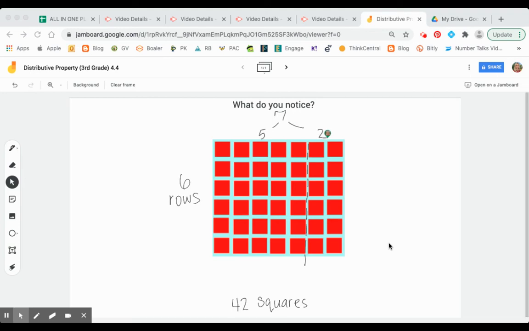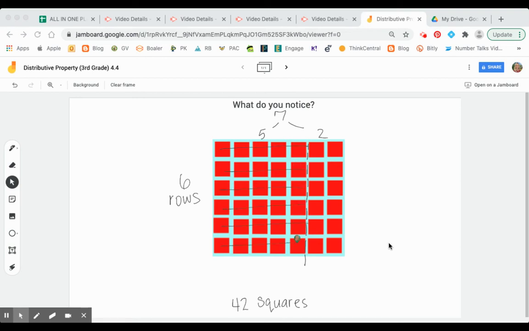Remember back in the day when we used to do number bonds in first grade and we would always do things like this? 7, and then we'd go like this, 5, and then 2. It's still happening in 3rd grade, but now we're using it with way more complex ideas, right? So we've split the 7 into a 5 and a 2, I'm guessing, and maybe some of you said I counted 5 6 times. So 5, 10, 15, 20, 25, 30.